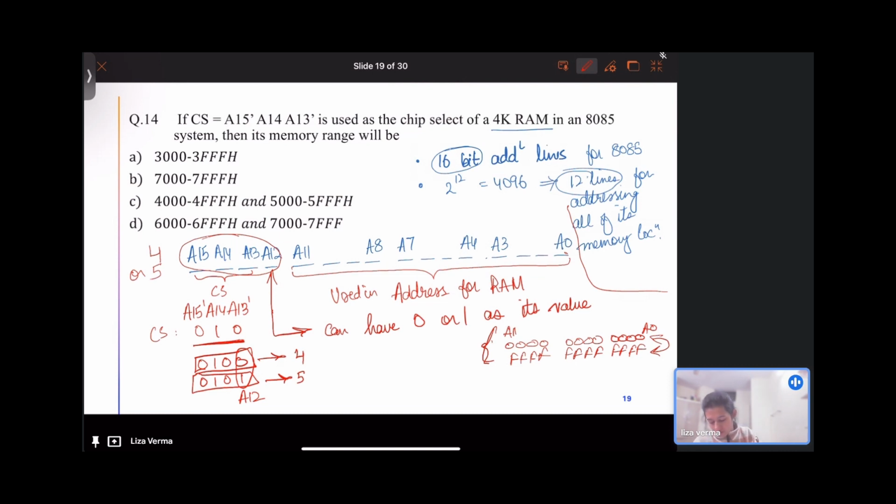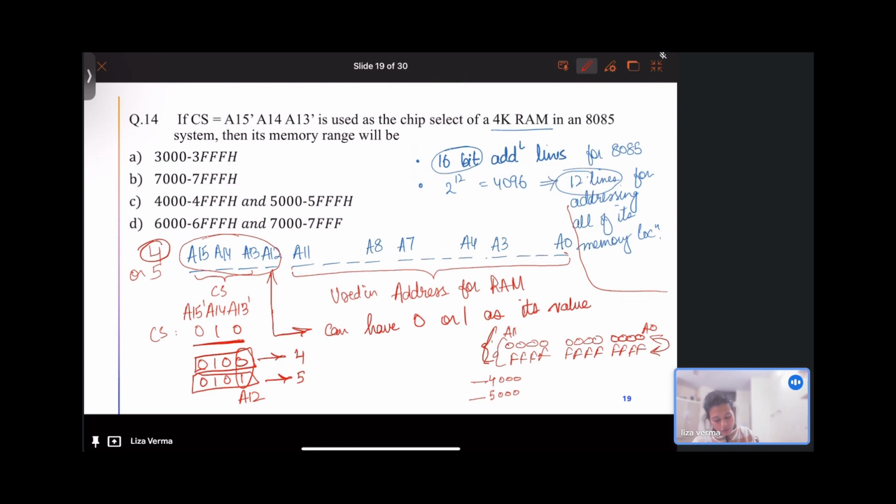So first of all, because the value of A12 is not restricted, we will have two ranges for similar locations. Like the memory location 000 can be obtained from the value of these bits as 4 also and 5 also, right? Which means all of these combinations will go with 4 as well as 5.